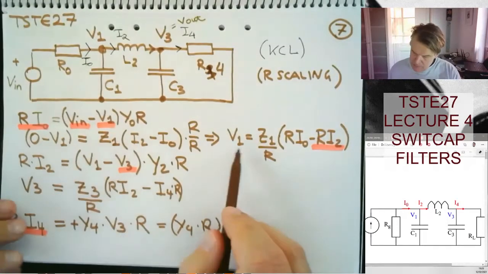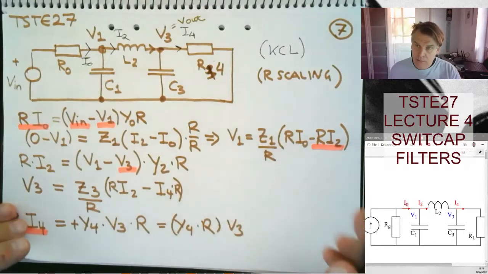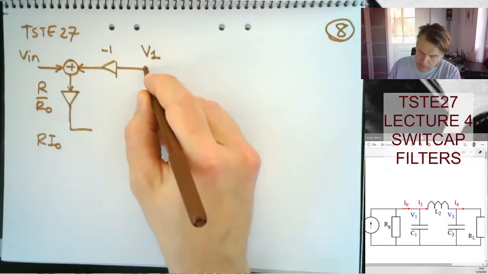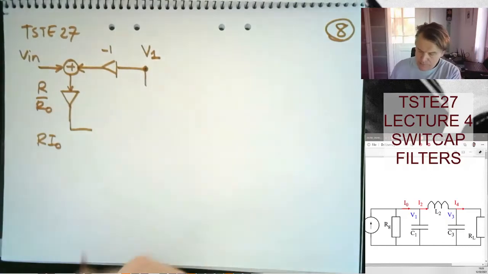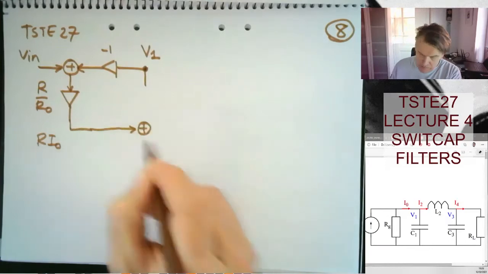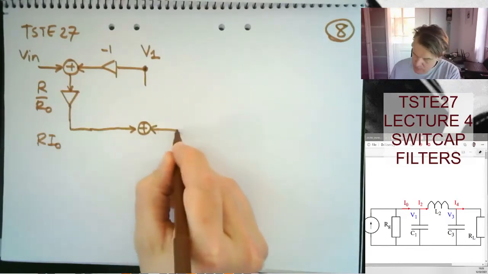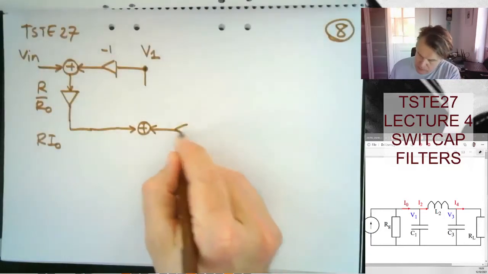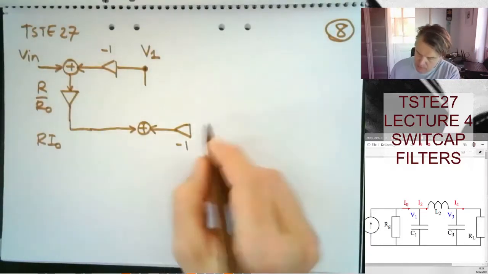Okay, next one, V1 equals the sum of two guys multiplied by something. So V1 is going to be equal to the sum of two variables, Ri naught and minus Ri2. So this is also going to be multiplied by minus 1.